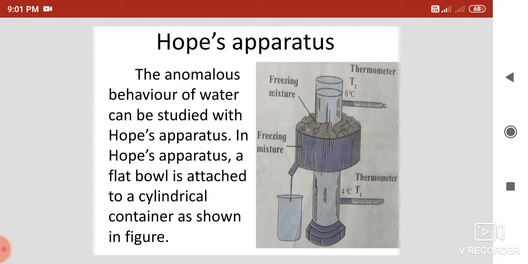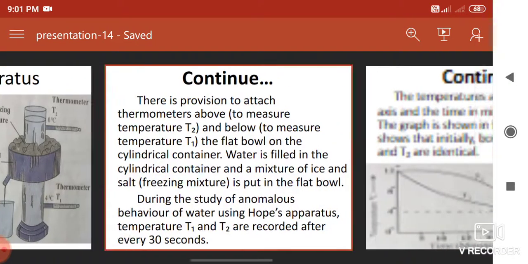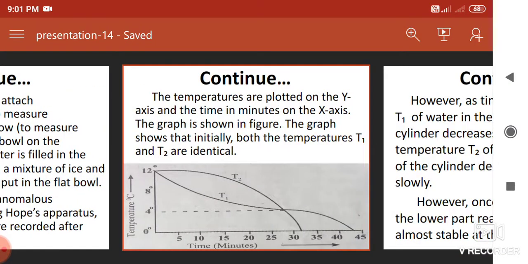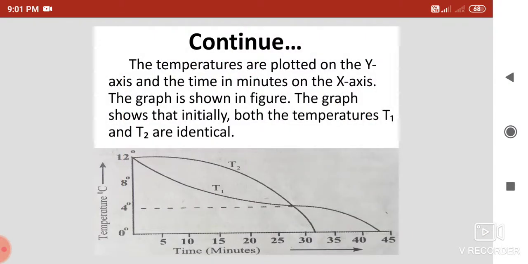Now look at the graph shown in the textbook, or here also you can see the graph. In that graph there is an intersection of the two curves, which shows the temperature at which the density of water is maximum.